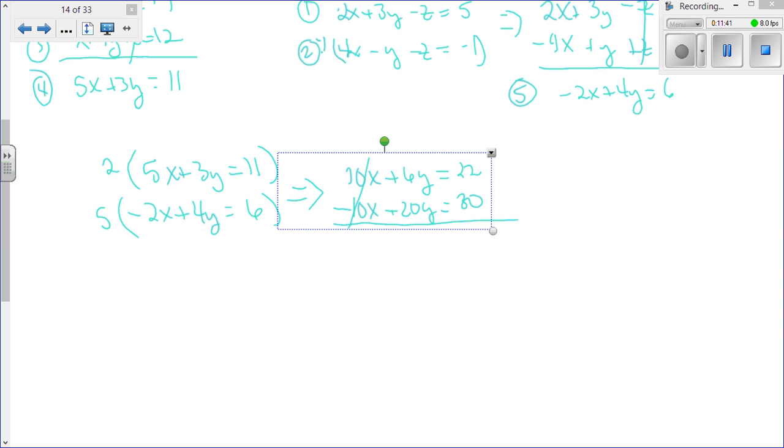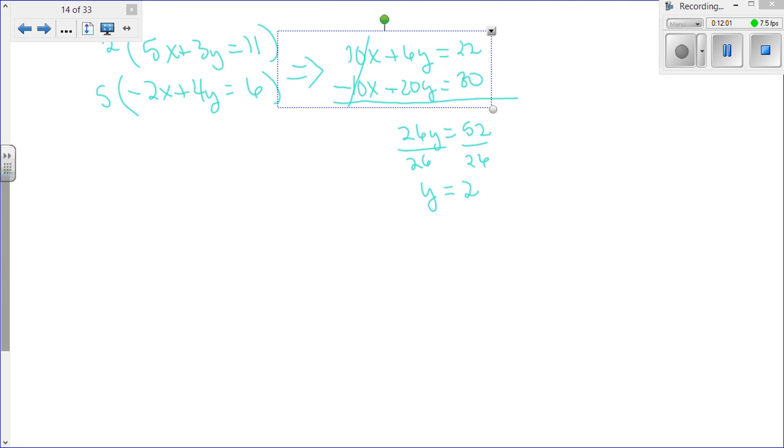Here my 10x's go away, so I have 26y equals 52. Divide by 26, so y equals 2. So that's just the start. Once I find y, then I have to go back and find x and z.